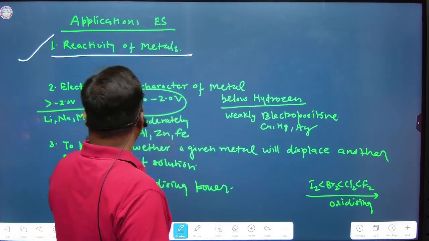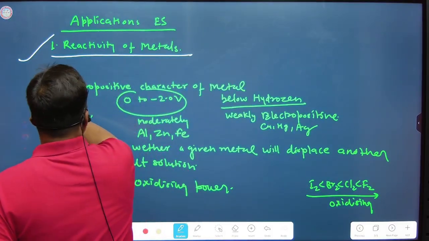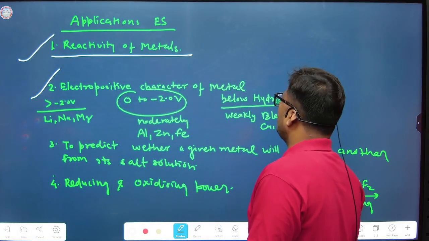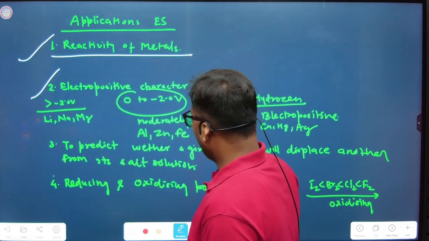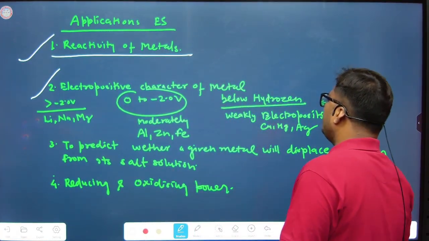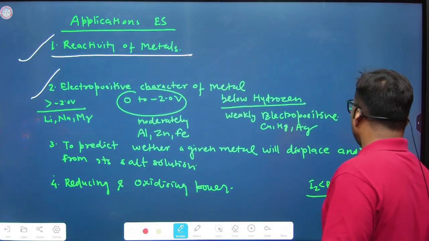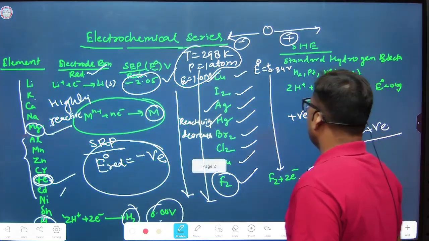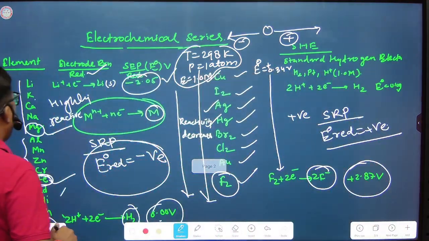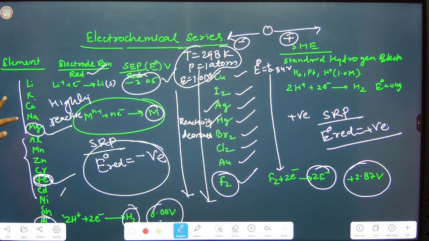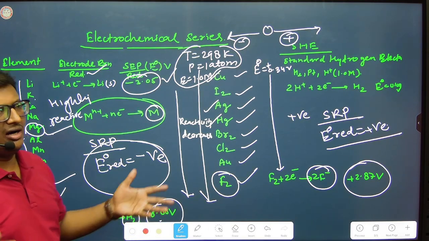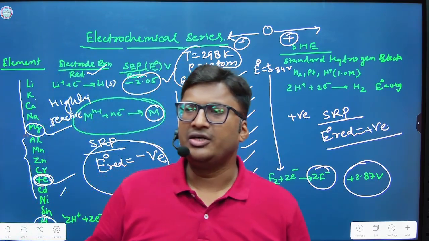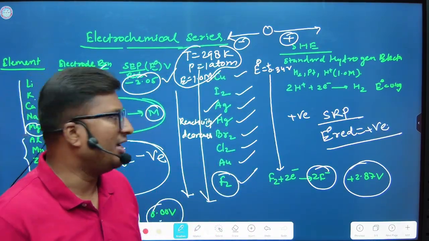So the next point is the electropositive character of metals. In the electrochemical series, there are 3 types. Strongly electropositive: lithium, potassium, calcium, sodium, magnesium, all alkali and alkaline earth metals. They are strongly electropositive metals, right?